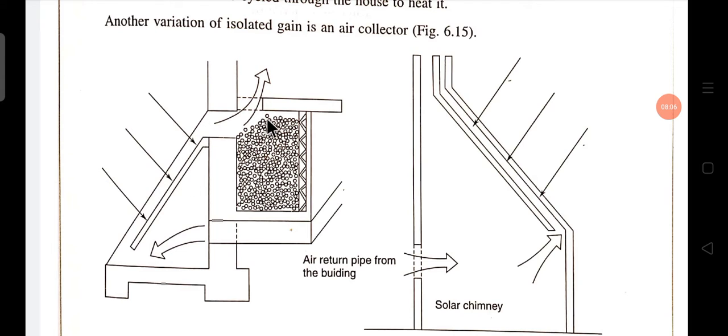The hot air goes to the chamber containing rocks, and these rocks are used for thermal storage. Then the hot air goes to the building, so the building is isolated from these two mechanisms.